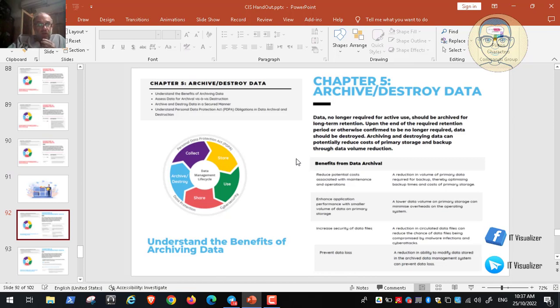Data no longer required for active use should be archived for long-term retention, or kept for a certain period. Upon the end of the required retention period, or when confirmed to be no longer needed, data should be destroyed. Archiving and destroying data can potentially reduce the cost of primary storage and backup through data volume reduction.